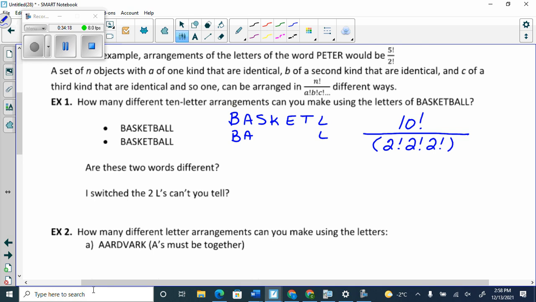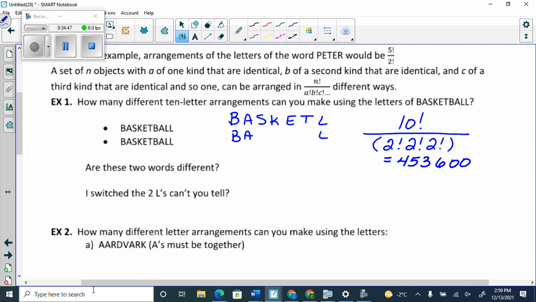Because 2 times 2 times 2 is 8. 6 factorial is 720, a substantially larger number you're dividing by. Not correct. Okay? So what's 10 factorial? Make sure you put it in brackets or in a fraction. 10 factorial divided by 8, or 2 times 2 times 2, is 453,600.